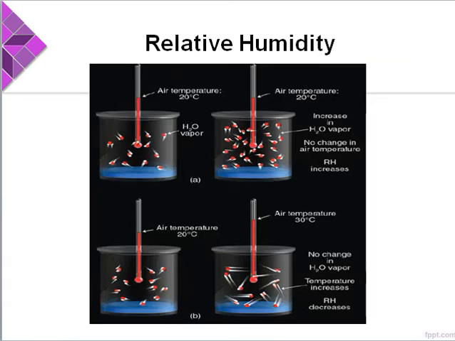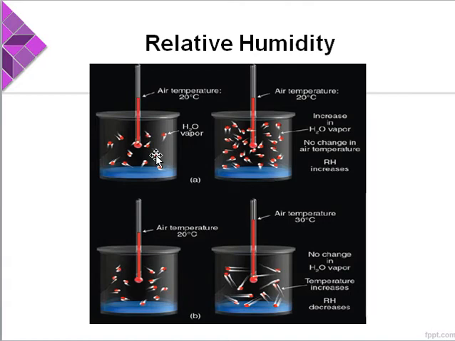Now, to understand further, in this figure, particularly figure A, we can see that an increase in water vapor content of the air with no change in air temperature, which is 20 degrees Celsius, increases the air's relative humidity.